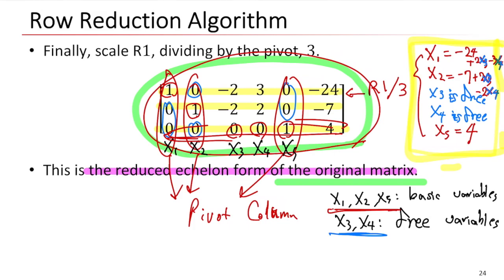Okay, this representation tells us there are infinitely many solutions of this system. So we can say that the solution set is not unique. The solution set of this system is non-unique.